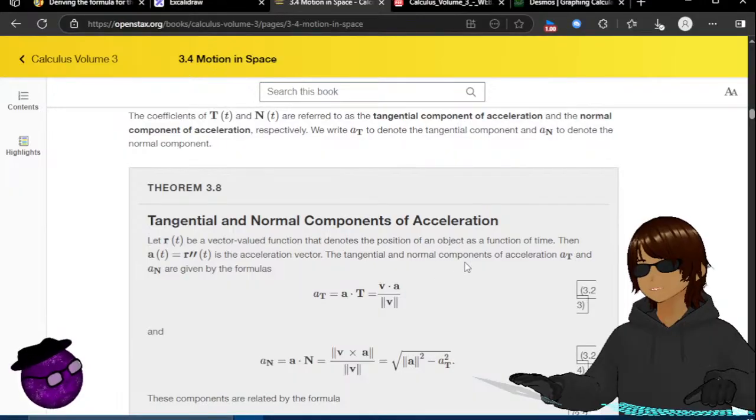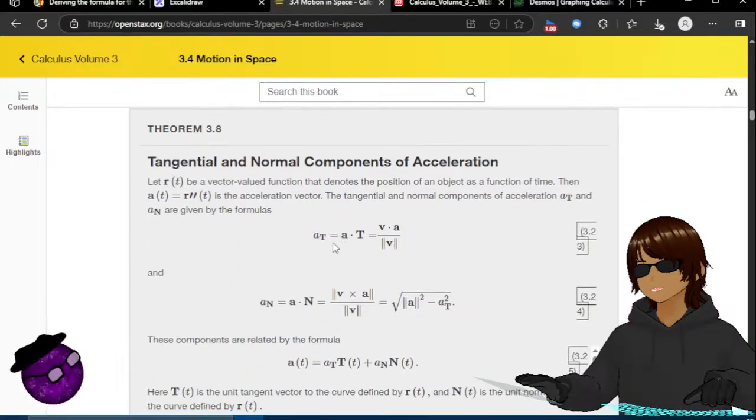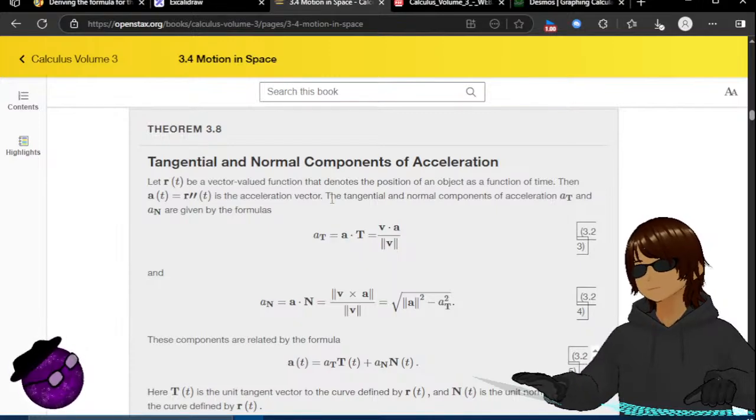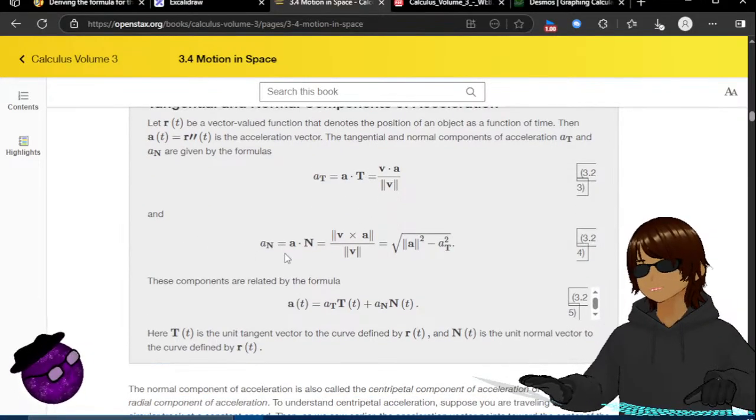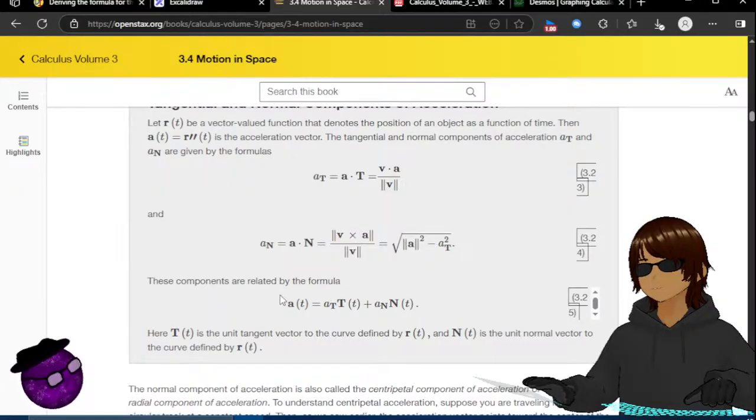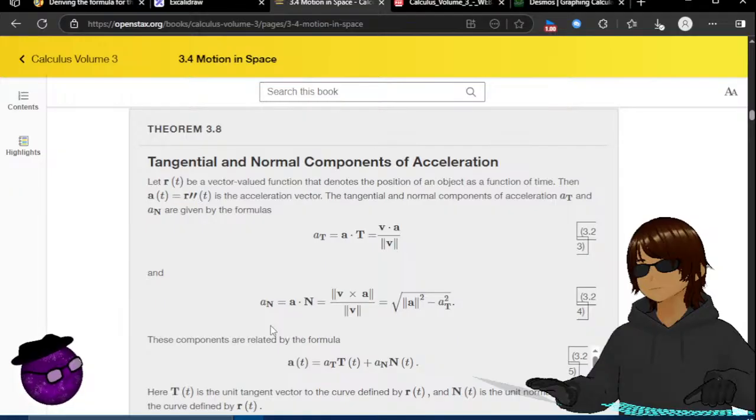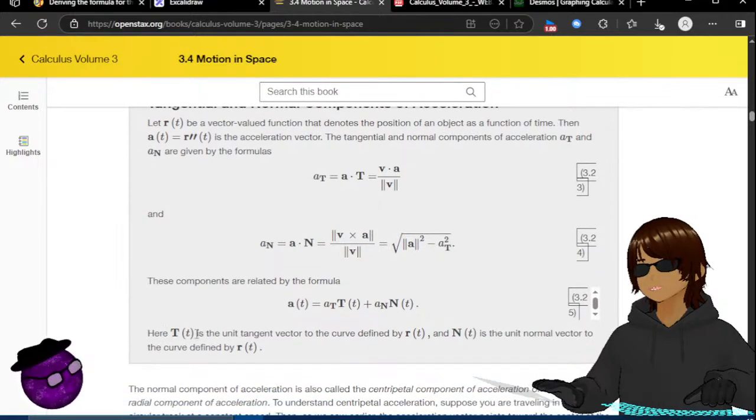The tangential and normal components of acceleration, a_T and a_N, are given by the formulas: a_T is a dot product with T, and a_N is a dot product with N. Here T is the unit tangent vector of the curve defined by r, and N is the unit normal vector.